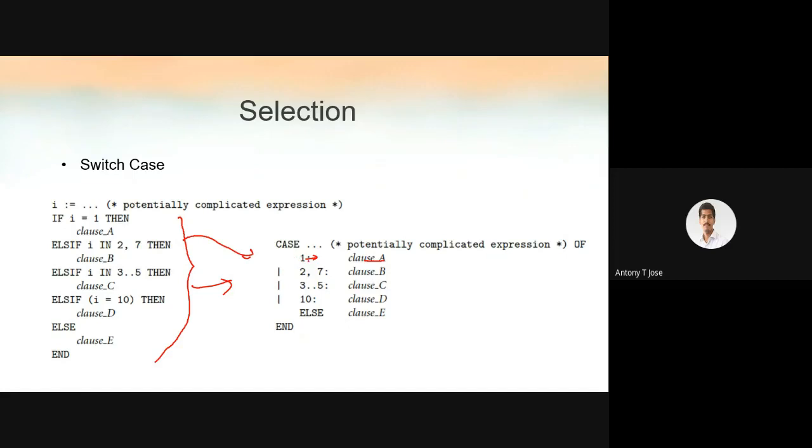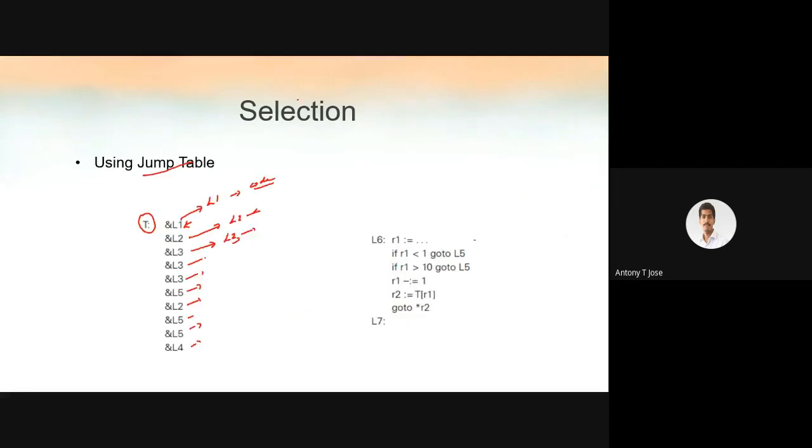If the case is 1, you will be executing close A. So whatever needs to be executed if the value of the switching variable is 1 will be close A, and the address of this close A will be stored in L1. Clear?